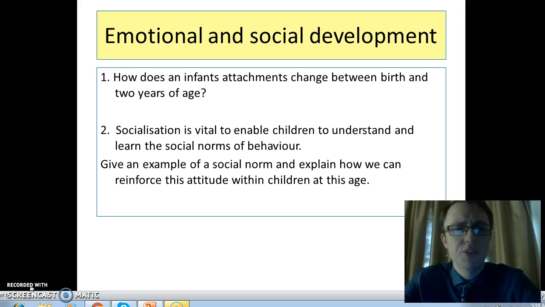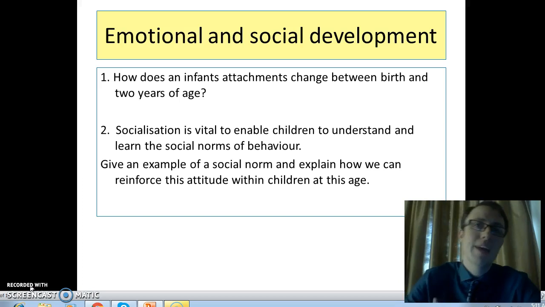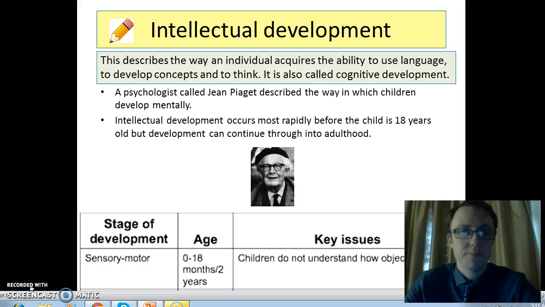Give an example of a social norm and explain how we can reinforce this attitude with children at this age. A social norm: smiling at 6 months of age. Explain how to reinforce it: smile with the child. Model the behavior that you want to see the child do, so that would encourage the child to continue with those activities.